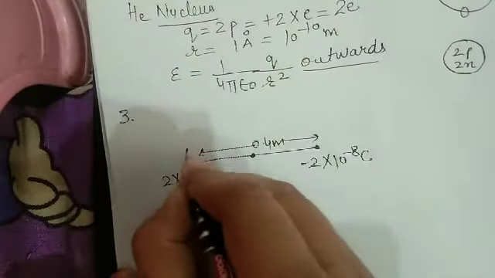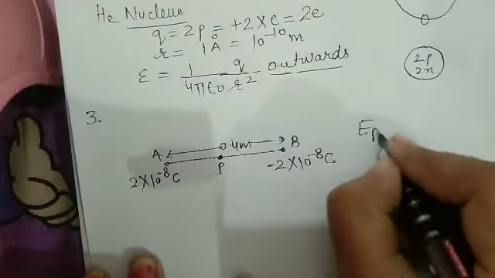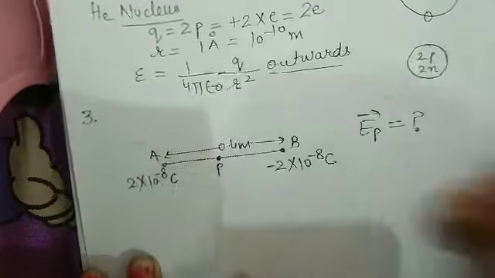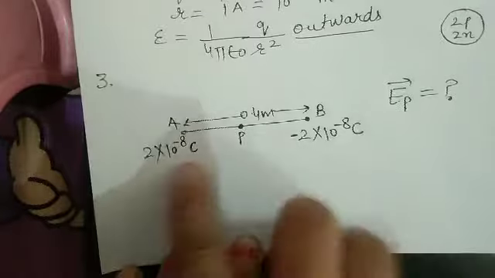What we have to calculate? Electric field at point P is to be found. Each numerical value and statement information has been provided in this diagram.